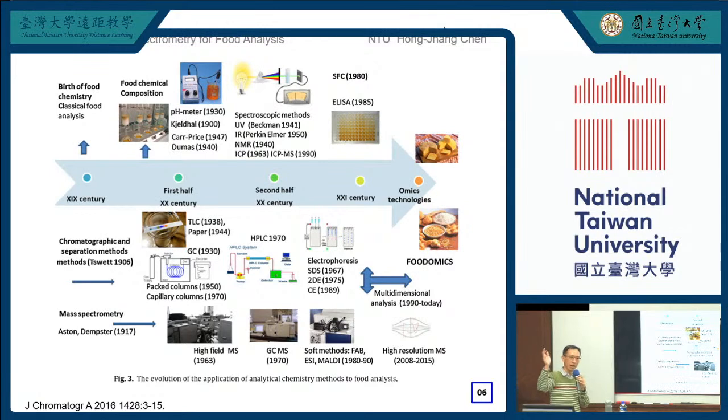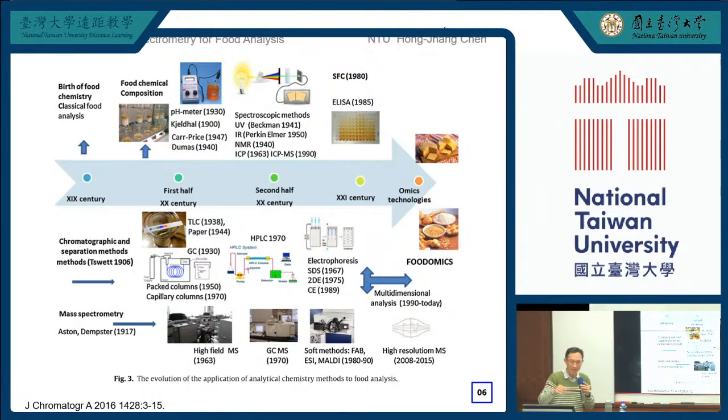Metabolomics detects all of the metabolites. But what is foodomics? Is there a foodome, or is there any chemical profile of food that could be detected? So they call it foodomics. I'm not sure.